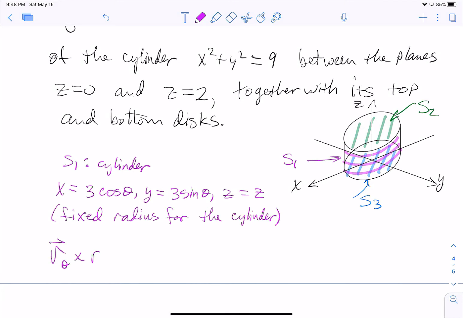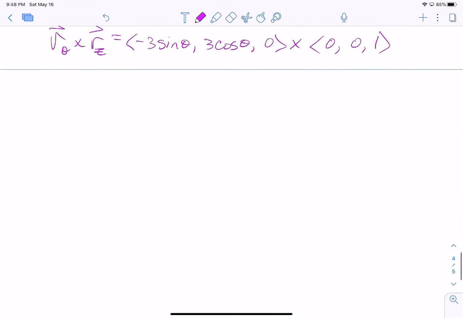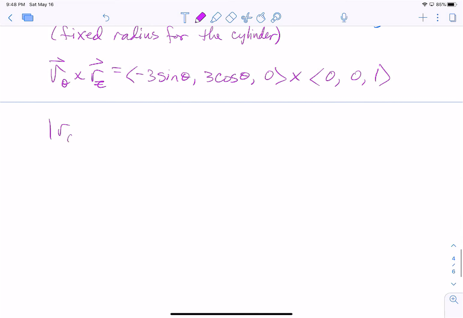Our r theta cross r z is going to equal negative 3 sine theta, 3 cosine theta, 0, crossed with 0, 0, 1. And you can verify that the magnitude of r theta cross r z is equal to 3.